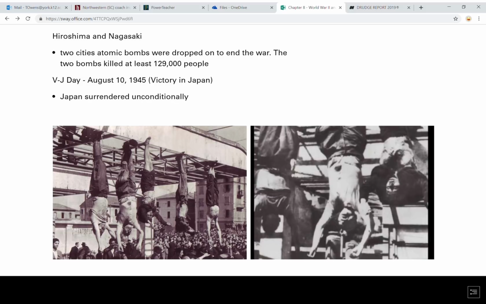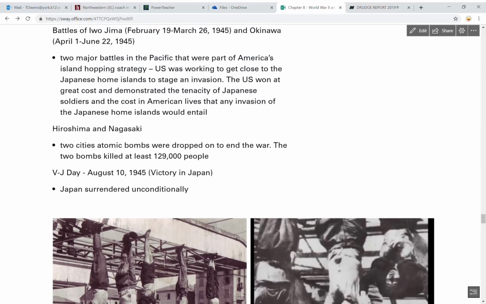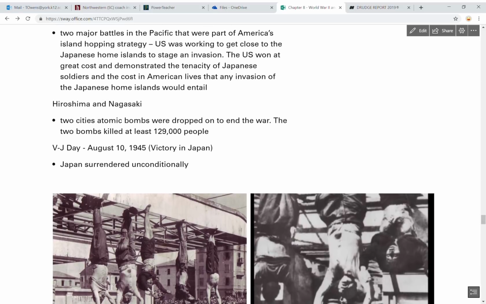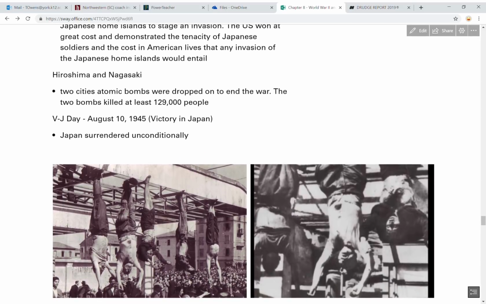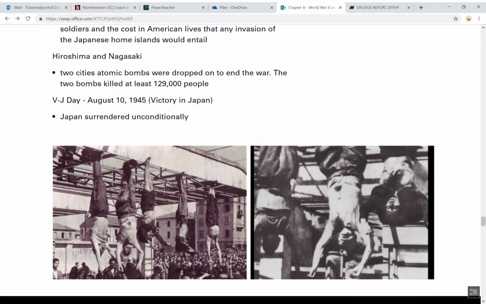I would like a question. If you have anything that you would like to ask, please put that on the sheet of paper. But the real thing I'm going to grade for today is the issue of Hiroshima and Nagasaki. What do you think? Should we have dropped that bomb or should we not have? I want a yes or no, but I also want you to tell me why.